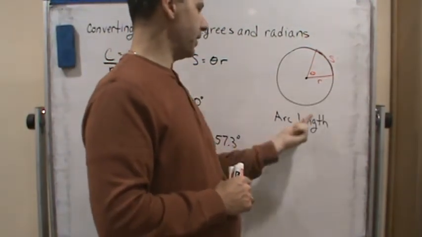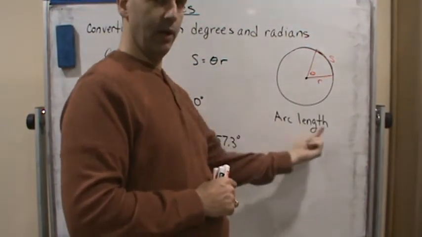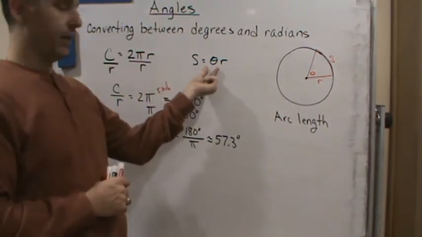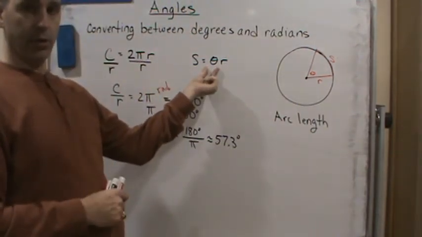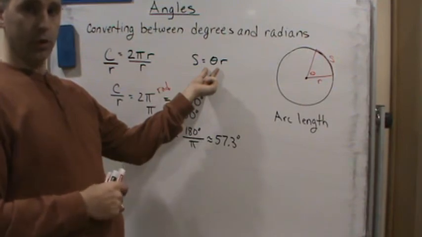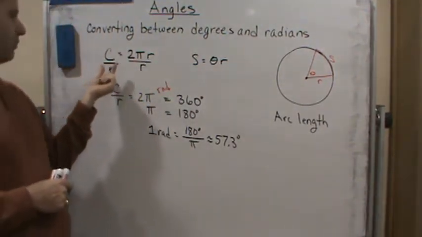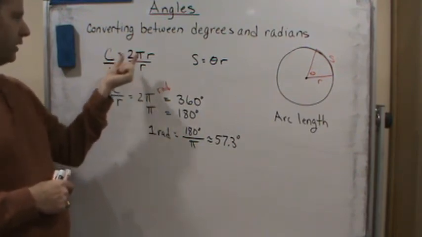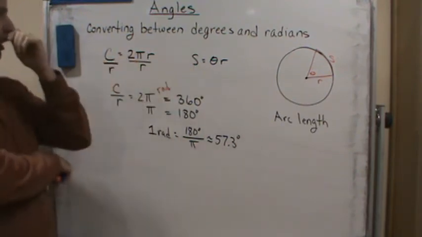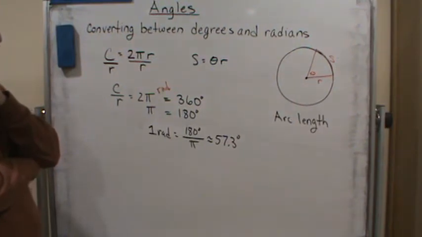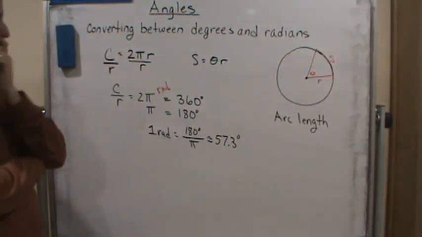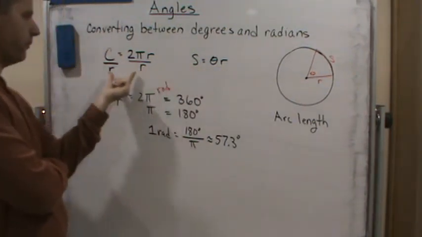It could be the entire circumference, or it could be more than the circumference, obviously, if theta is larger than 360 degrees or 2 pi radians. But the point is that I can write the arc length as a fraction of the circumference. So I can derive this directly from this.